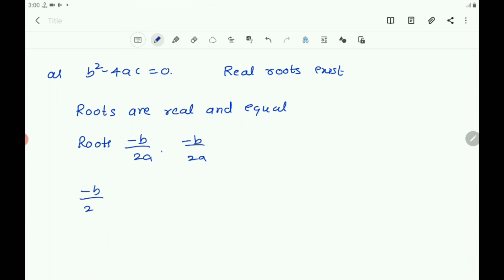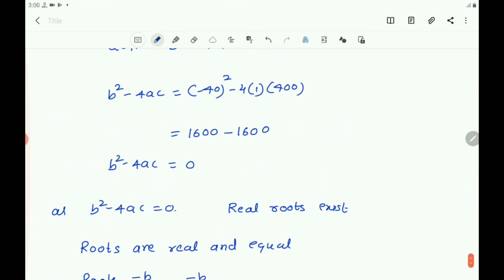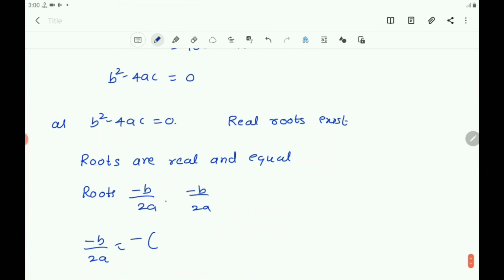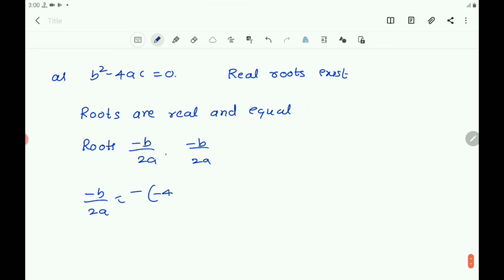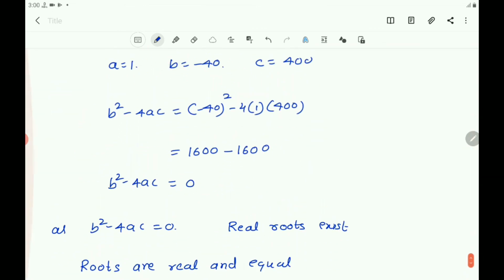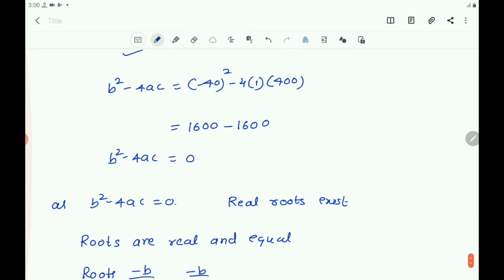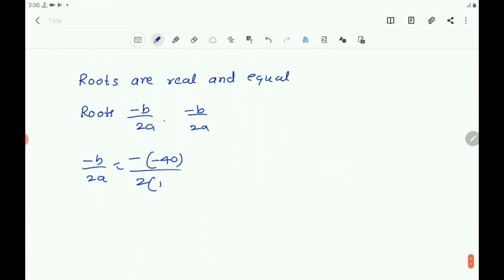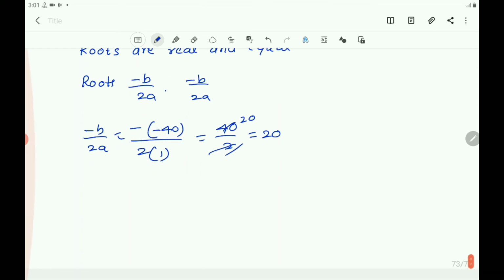Minus b by 2a equals minus of minus 40 by 2 into 1, that is plus 40 by 2, which is 20.